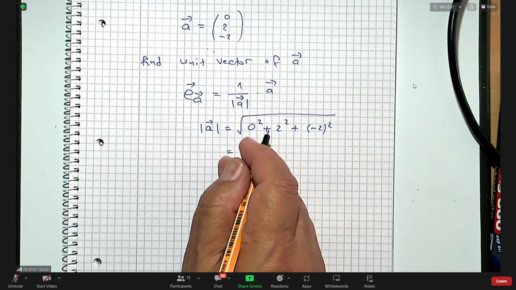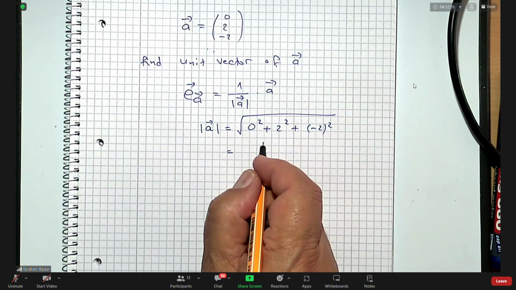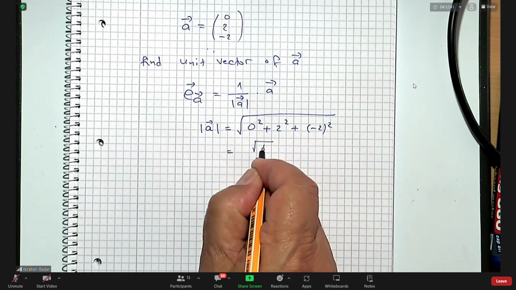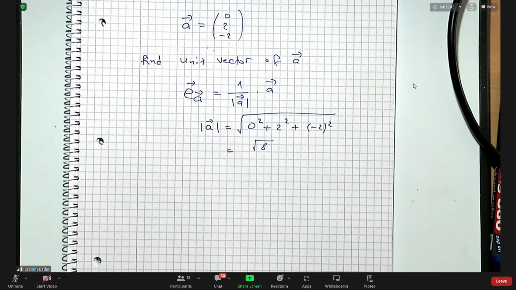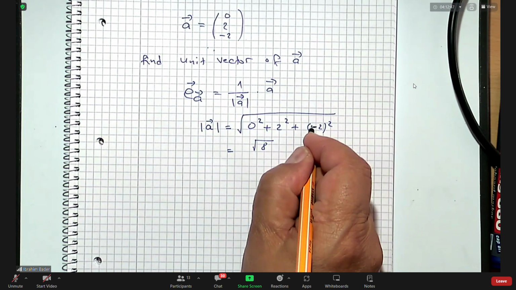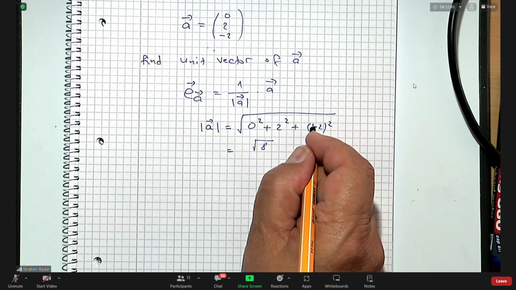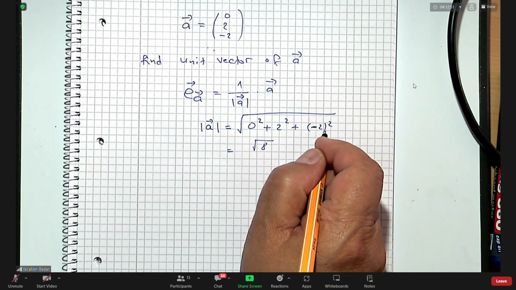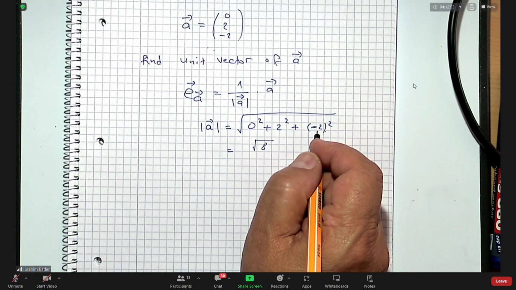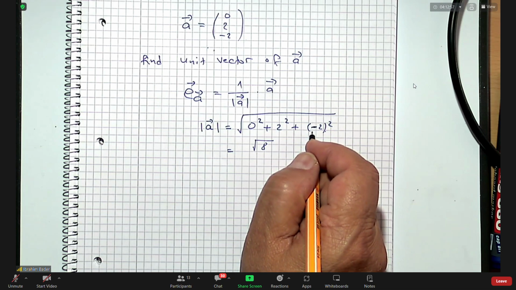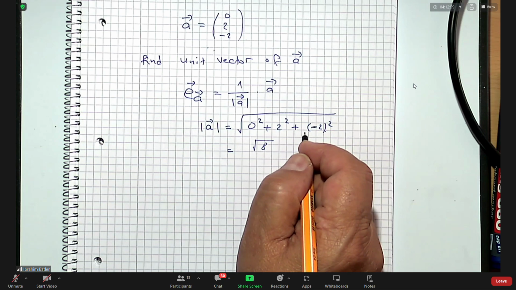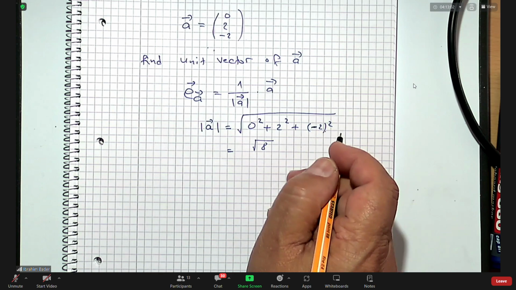This is what I was warning about. So here is the square root of 8, right? You got it? So here, be careful. If you have a negative here, you need to square it. You need to square all. It's not that minus 2 squared is minus 4. It's minus 2 all squared, so it's positive 4.